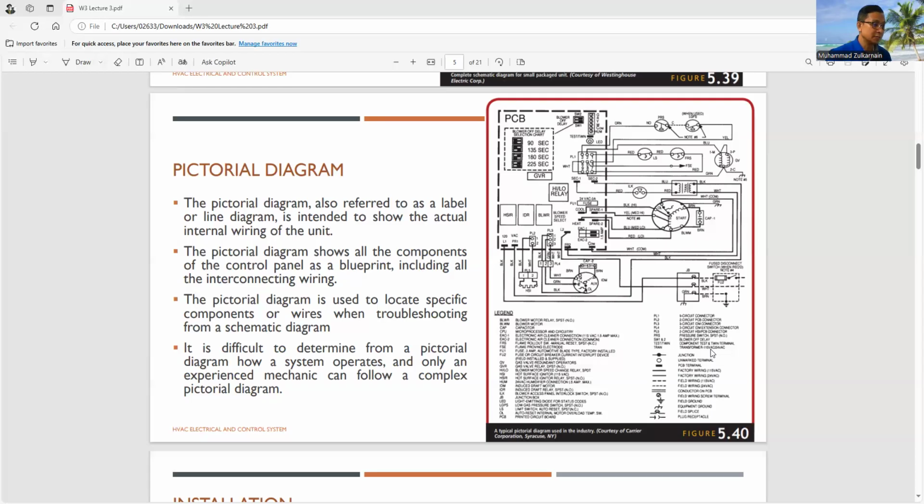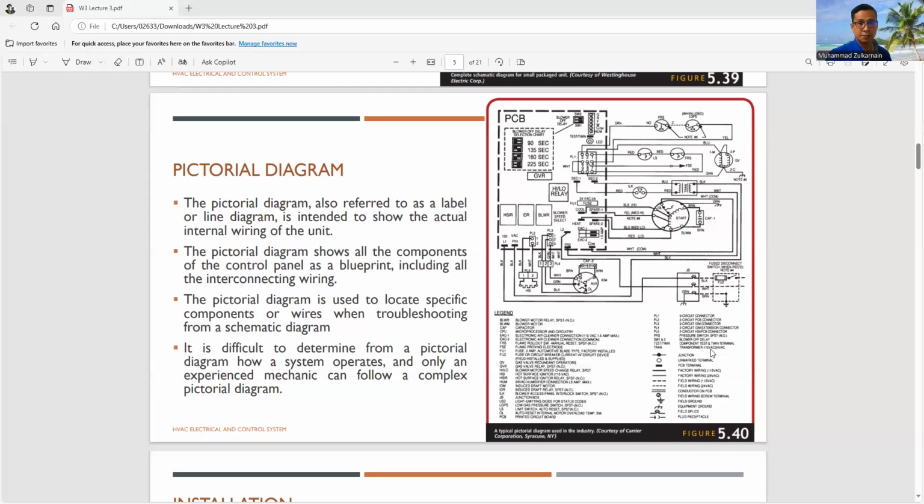It is difficult to determine from a pictorial diagram how a system operates, and only an experienced mechanic can follow a complex pictorial diagram. As we know, the pictorial diagram is shown with a complicated circuit diagram, because only an experienced engineer can understand some of it.